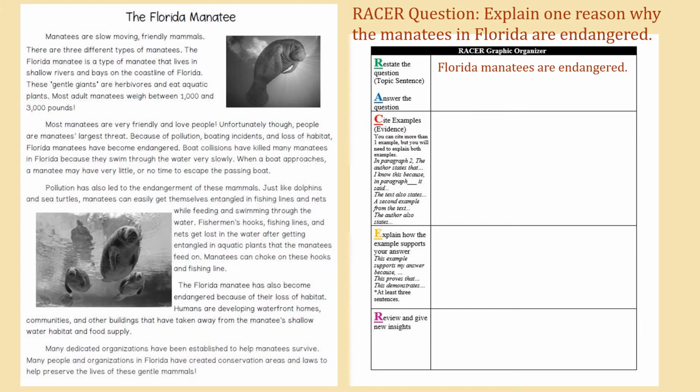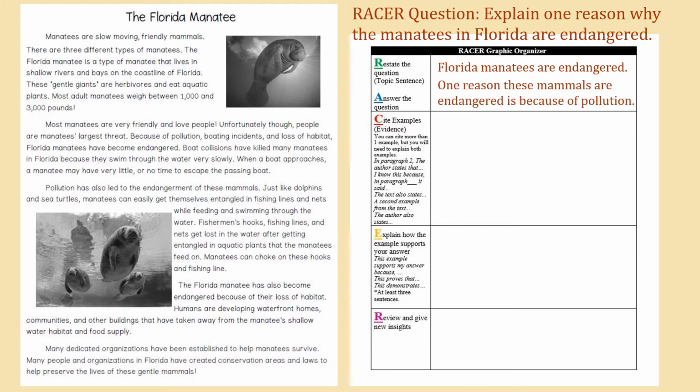Florida manatees are endangered. That is my topic sentence, okay? I am just restating the question. Florida manatees are endangered. And next thing I have to do is answer the question, okay? It said explain one reason why manatees in Florida are endangered.